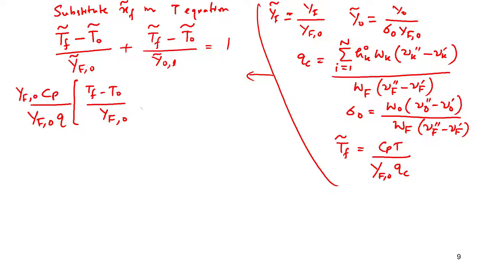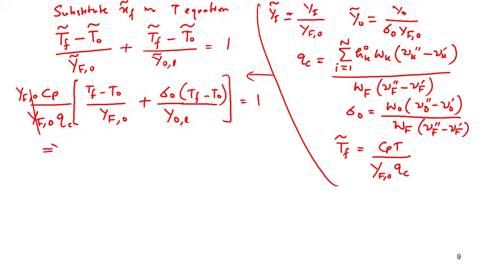This is actually equal to 1, but anyways, plus sigma 0 divided by y0L times (Tf minus T0) is equal to 1. You can just do the normalization in this. Now of course, these two cancel, and this is QC.